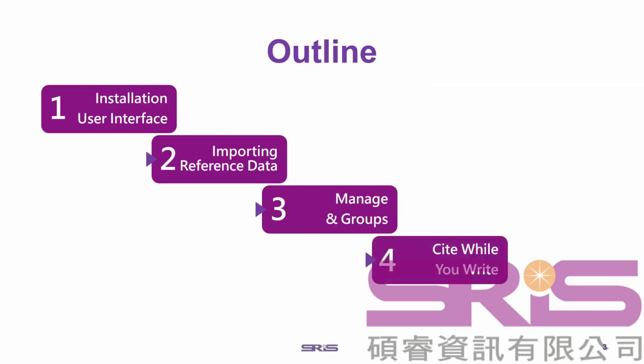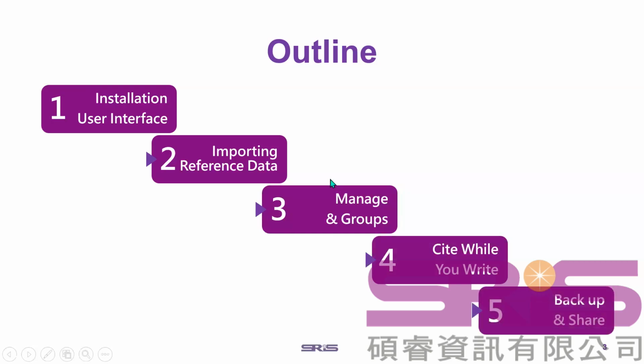The fourth part is to use Cite While You Write to work with your Microsoft Word. And the last part is to back up your EndNote library and even share it with your collaborators.